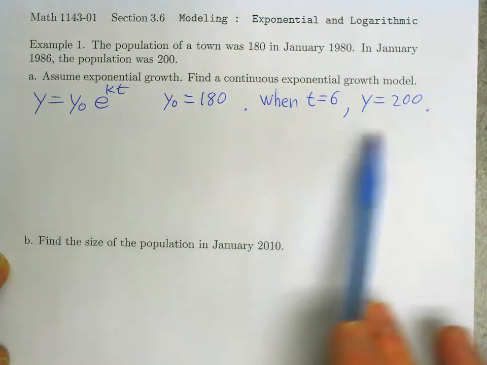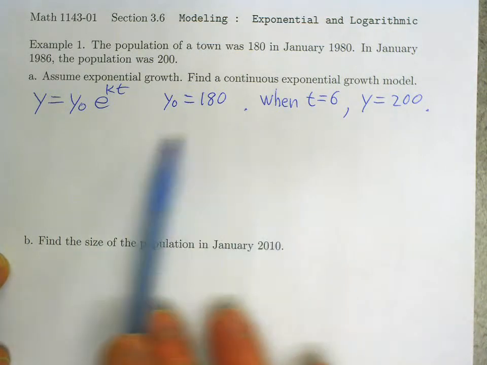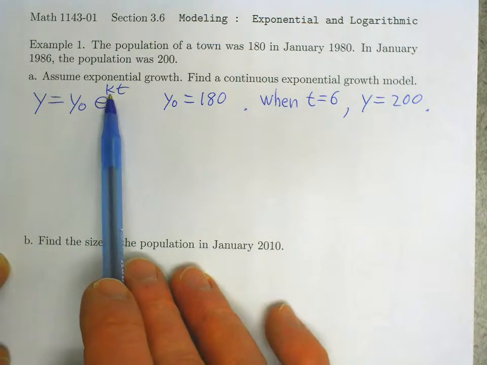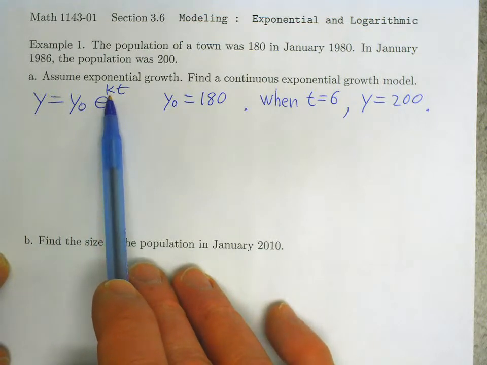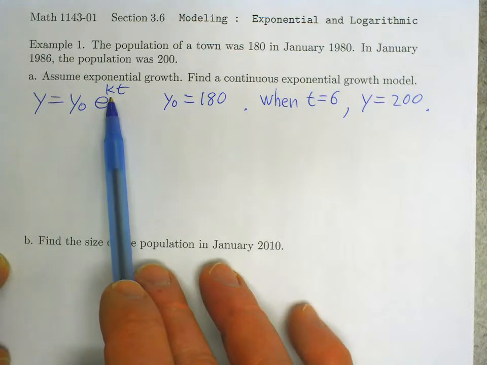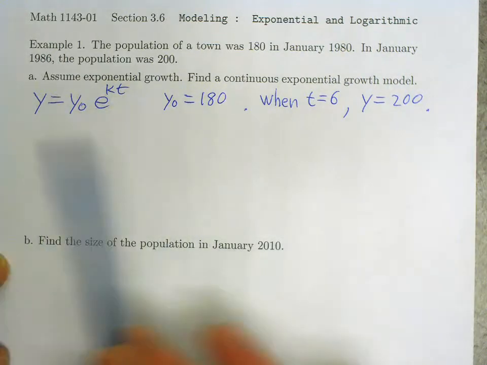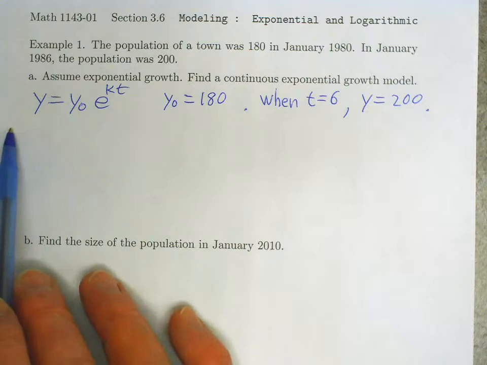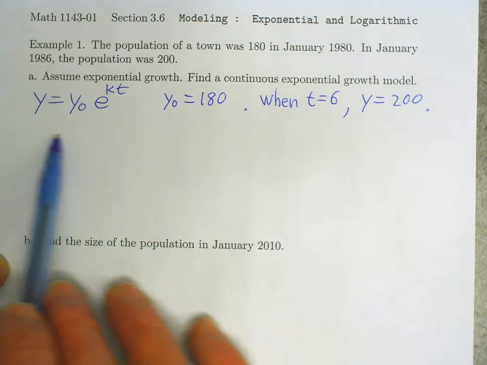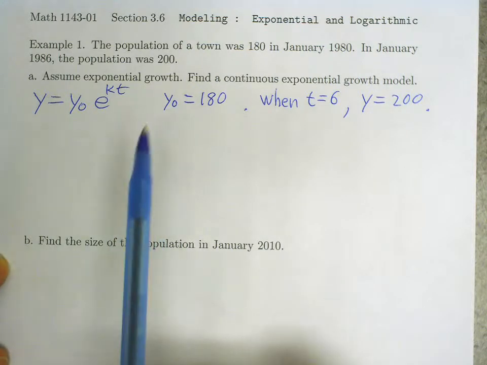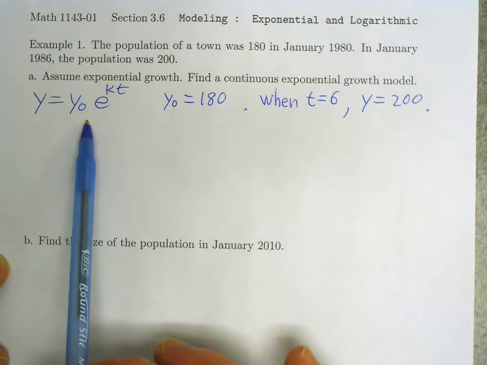Okay, so we can use this information to determine what the continuous growth constant k is. Just one other thing first. When defining or finding an exponential growth model, there are two numbers that we want to find.